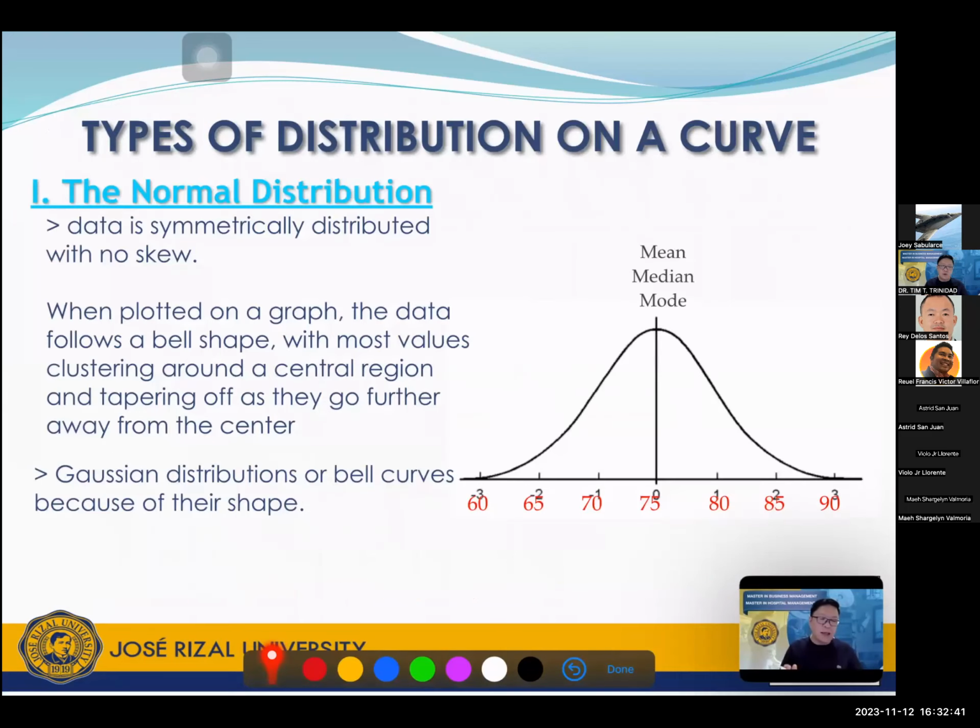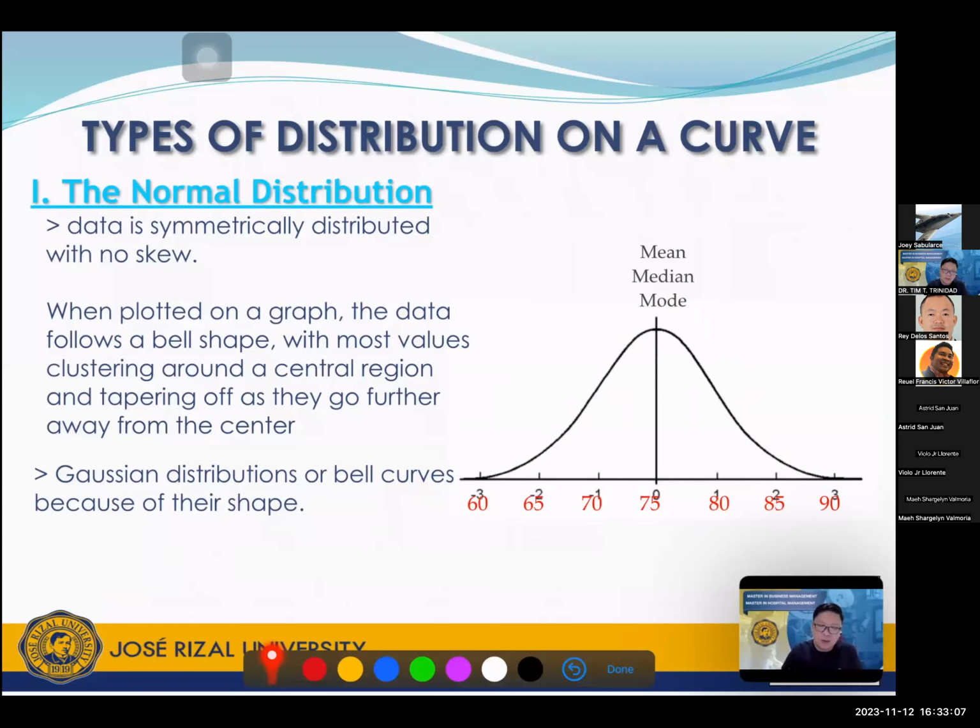So what is a normal distribution? We view your data as normally distributed if the graphical presentation will assume a symmetrical distribution. Ibig sabihin, it produces a bell curve or a very nice symmetry.